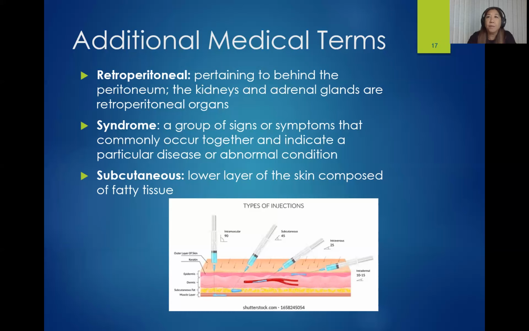Other syndromes include Barlow syndrome, which is a mitral valve prolapse, where you can have abnormal sounds or murmurs that are heard in the chest when you listen through a stethoscope. And these murmurs indicate that the mitral valve is not closing properly.